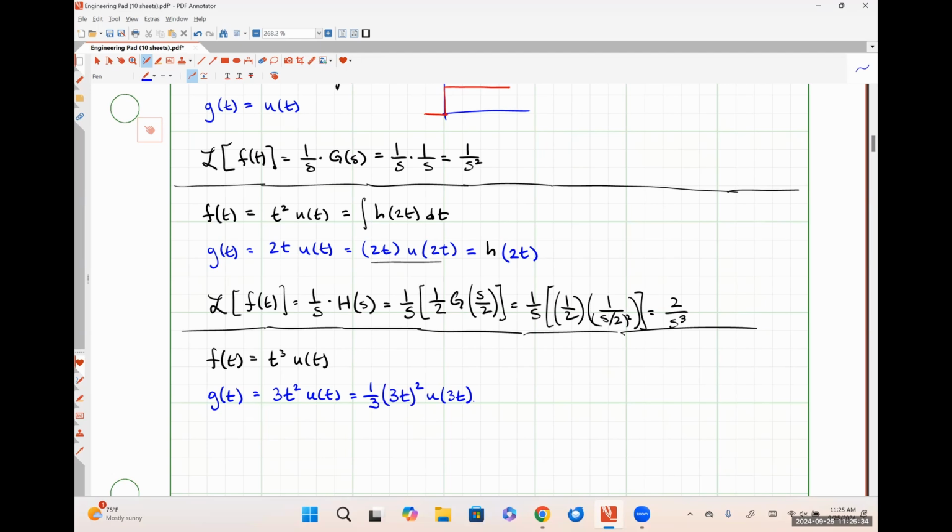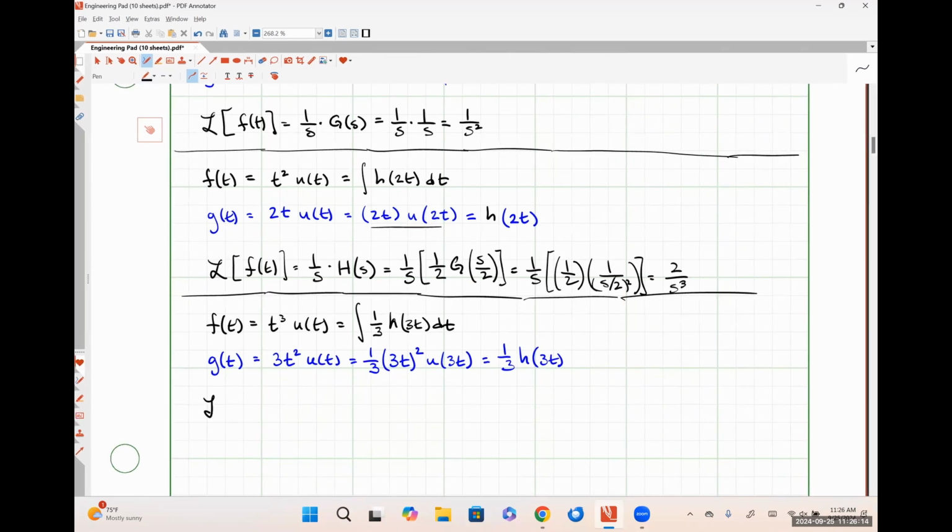Because 3t squared will give me 9t squared divided by 3 gives me this guy over here. So now I have the same effective variable. So we could call this 1/3 h of 3t like so. And then our original function is just 1/3 h of 3t, and we're integrating that thing.